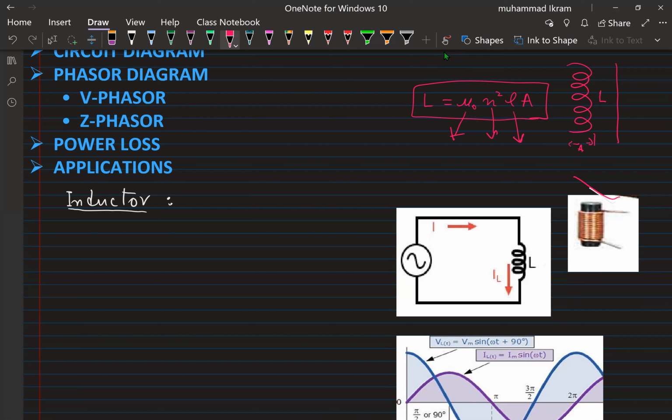So in this chapter, we will study the effect of the inductor in the AC circuit.